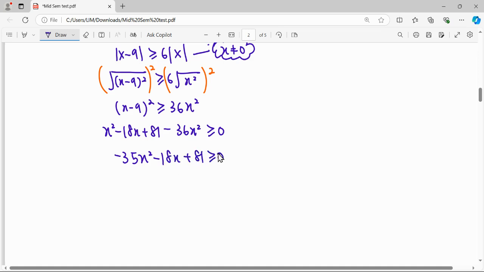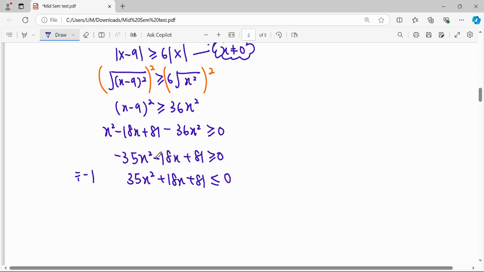And we notice that our quadratic is negative, where we cannot factorize yet. We need to divide it by negative, so we always get a positive quadratic in order to use the calculator to help us with factorization. When you divide by negative, we need to change the sign.